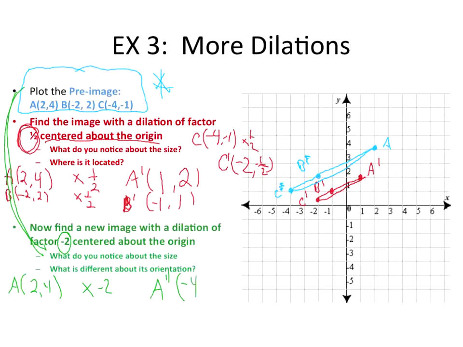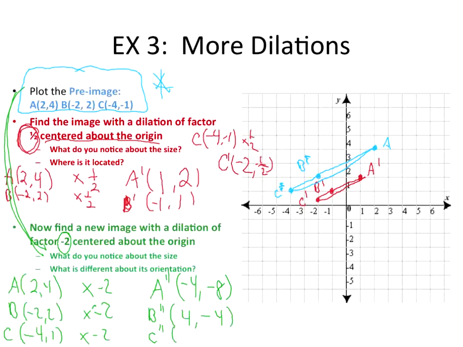So A double prime would be -4, -8. For B, if we're multiplying both things by -2, I'm going to get +4, -4. And for C, if I multiply by -2, I'm going to get 8 and -2.